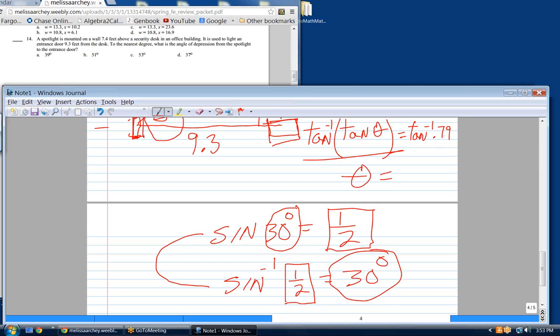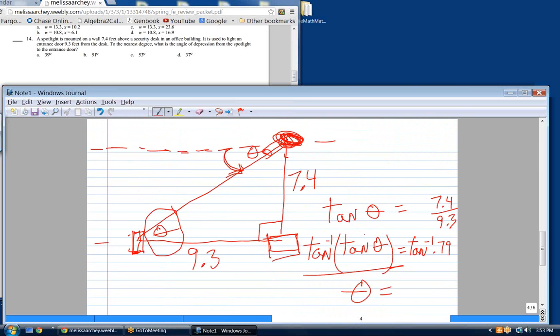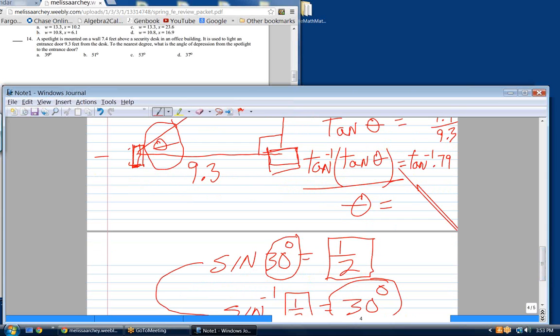Theta equals the inverse tangent of 0.79. What does your calculator give you? 38.509. And that's in degrees, 38.5 degrees, because she said round it off to the nearest degree.